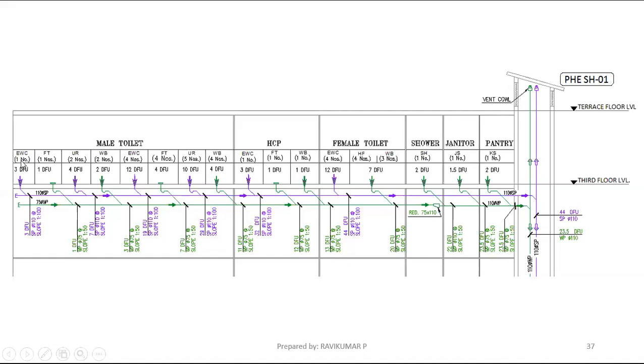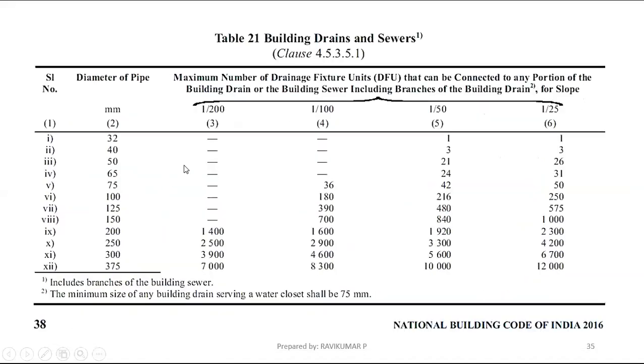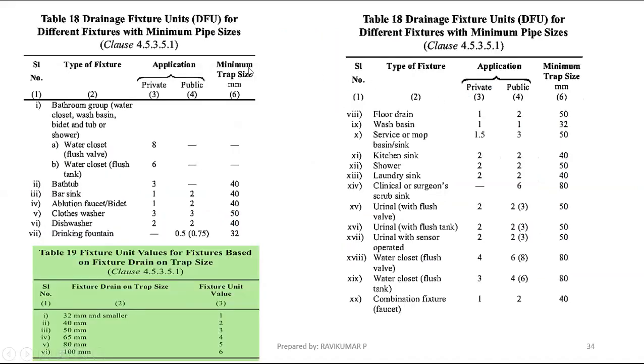For one EWC, 3 drainage fixture units we have to take from the table. From this table, table number 18, water closet with flush tank, I have taken, for private use. I designed it for private, so 3 fixture units I have to take from table number 18.